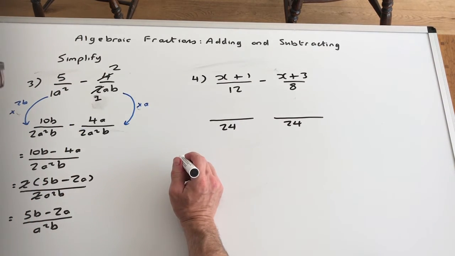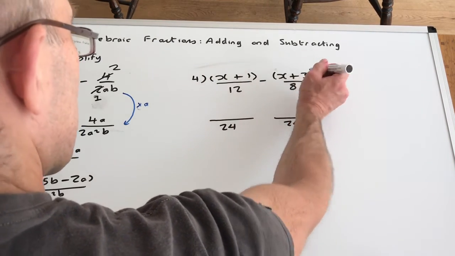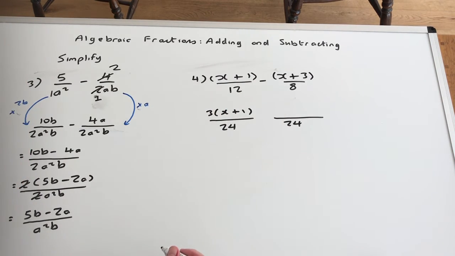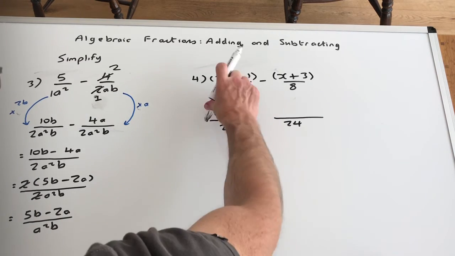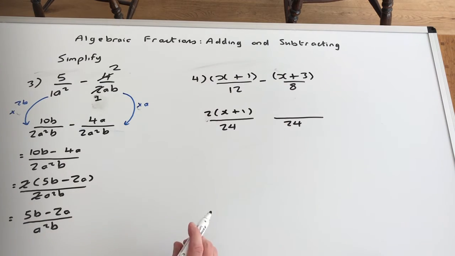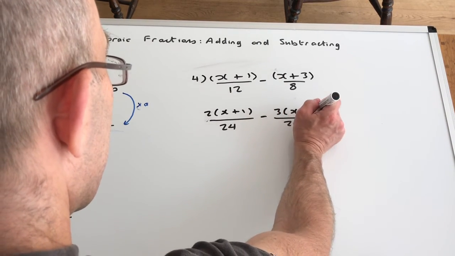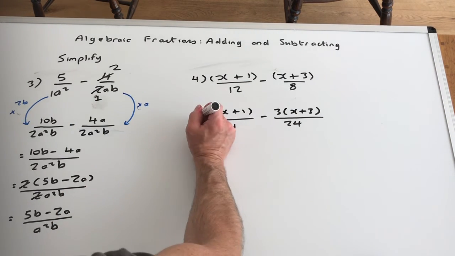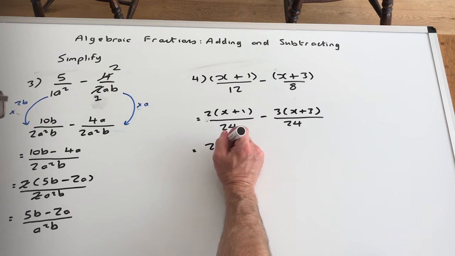Multiply the top and bottom by 3. Again, put brackets around these like we said last time to make everything easy. 3 times x plus 1. So, nope, try that again. 2 times, my mistake, because I've got to multiply top and bottom by 2, minus 3 times x plus 3, got to multiply top and bottom by 3, equals, okay, I'm just going to add these together.